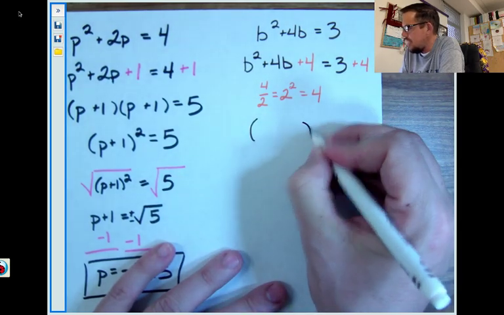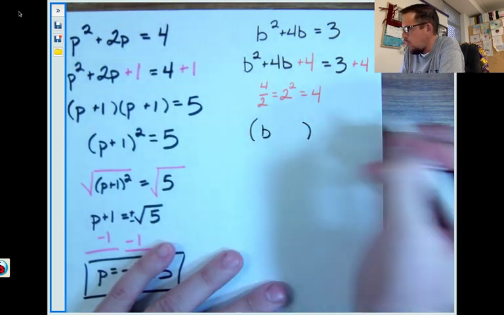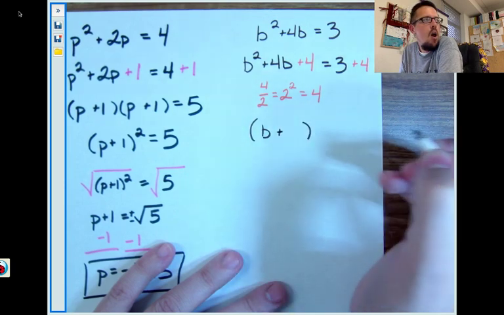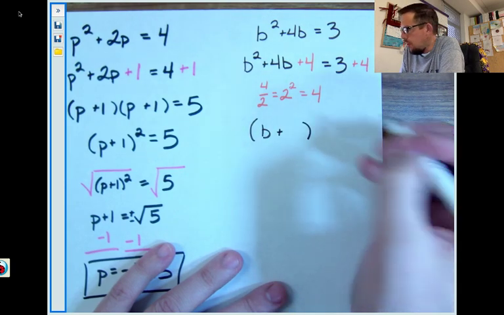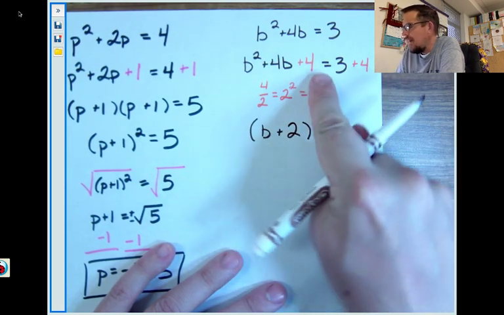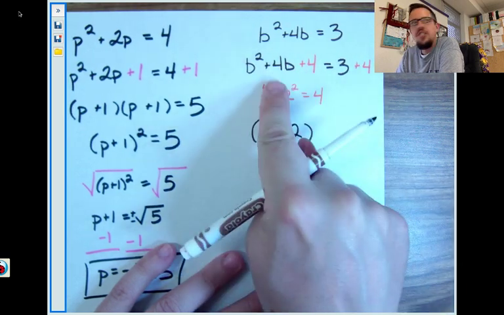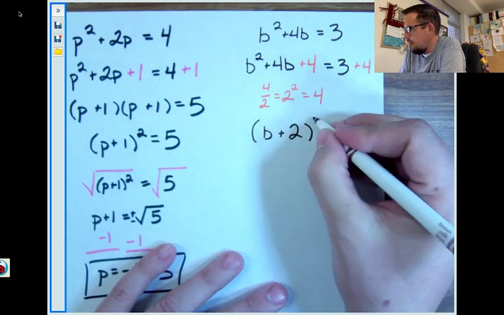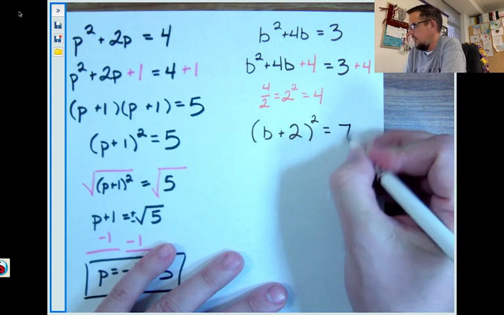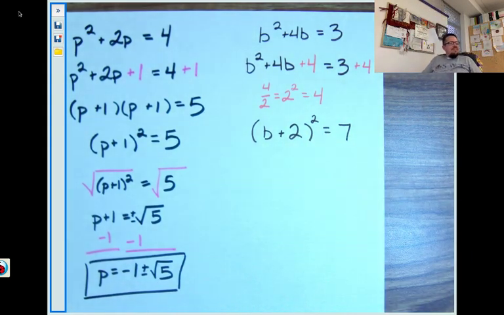So what is the perfect square? b plus 2. 2 times 2 is 4, 2 plus 2 is 4, so the number's 2, equals 7. All right? Now we square root it.